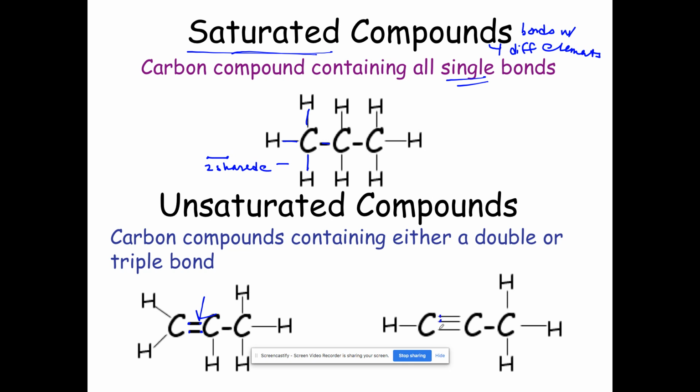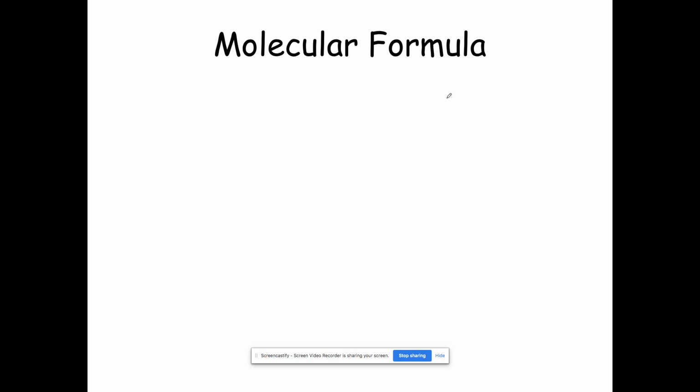That's 1, 2, 3, 4, 5, 6 shared electrons. So if you look over here, this is called a triple bond structure. Carbon always will have those 4 bonds, but instead of being to 4 different things, it's only going to be to 2 different things. These are called unsaturated. So carbon compounds can be saturated with all single bonds, or they could be unsaturated with multiple bonds.